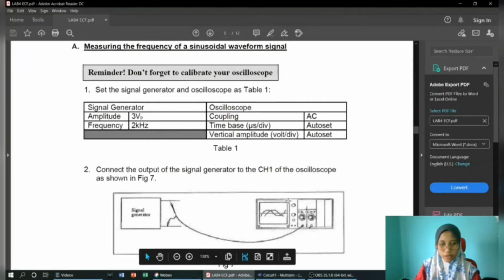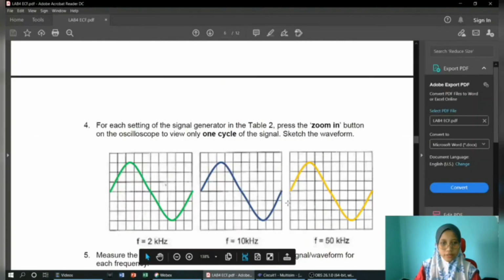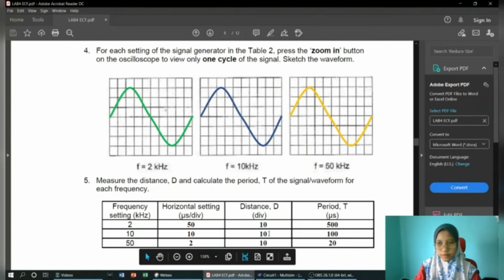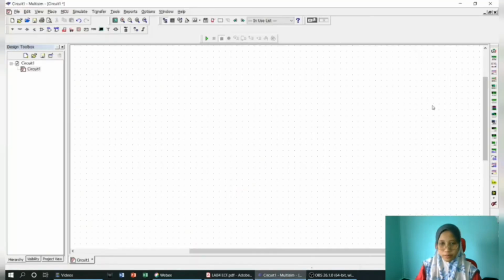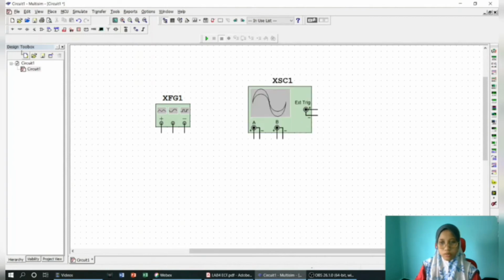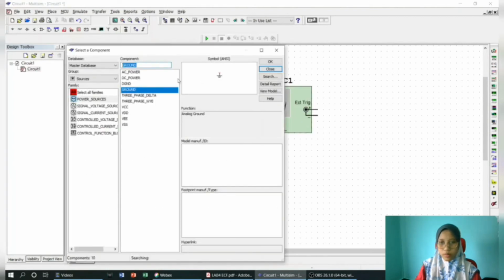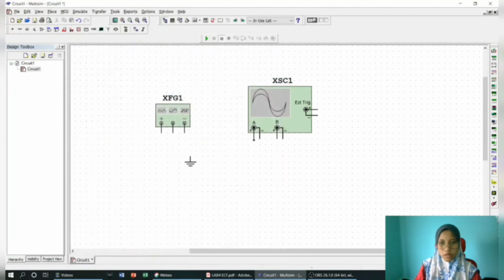Now, I'm going to explain how I fill this table. First, we need to make a connection based on figure 7. Open Multisim. Find function generator and oscilloscope. Find the ground. Now we need to make a connection.